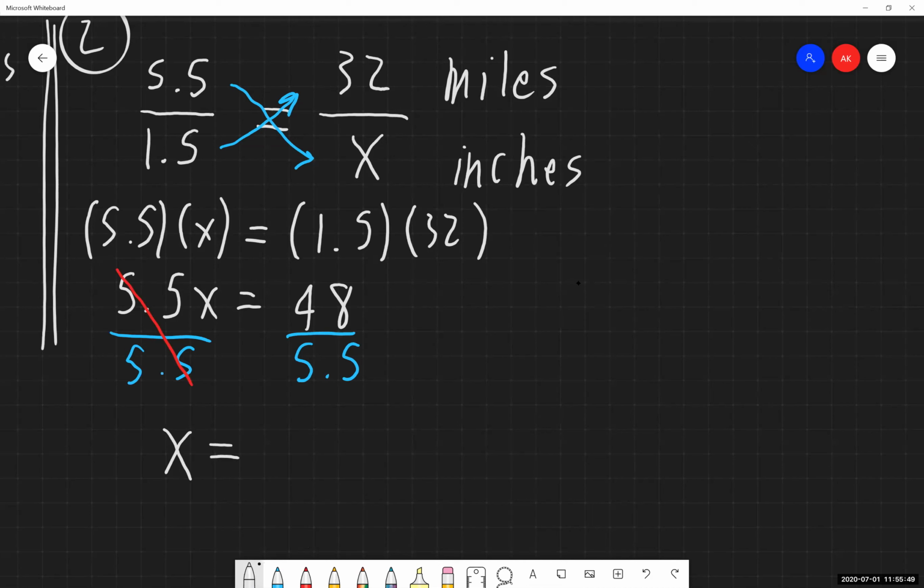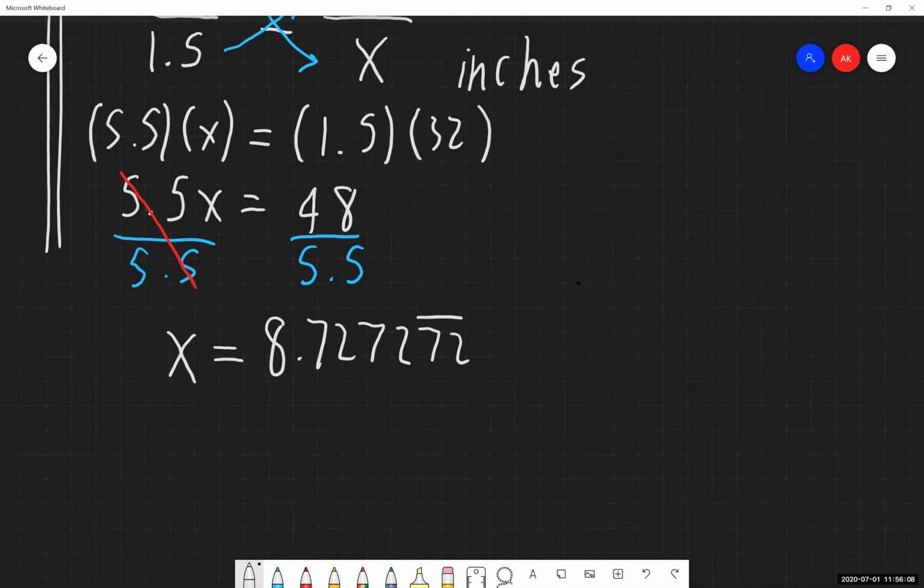So 48 divided by 5.5, again, still don't know that. Oof, again, kind of a gross answer there. So I'm getting 8.727272, and it goes on like that forever. Now in this story problem, we have been told round your answers to 2 decimal places.